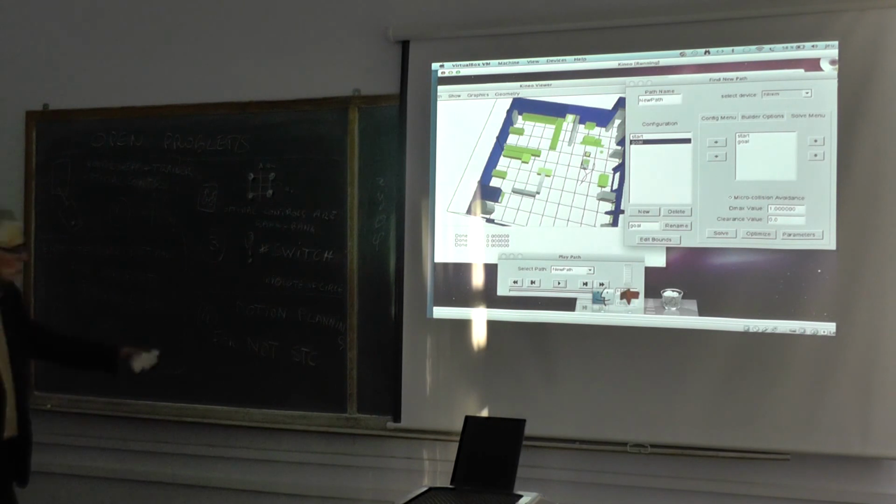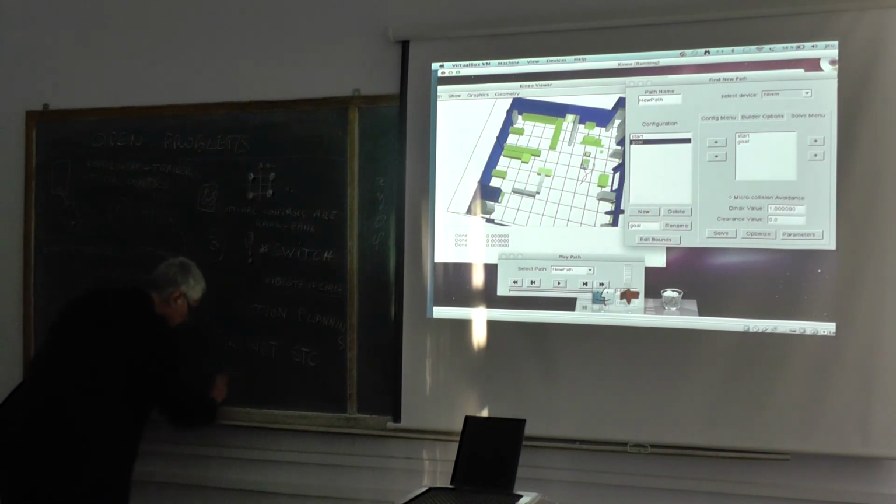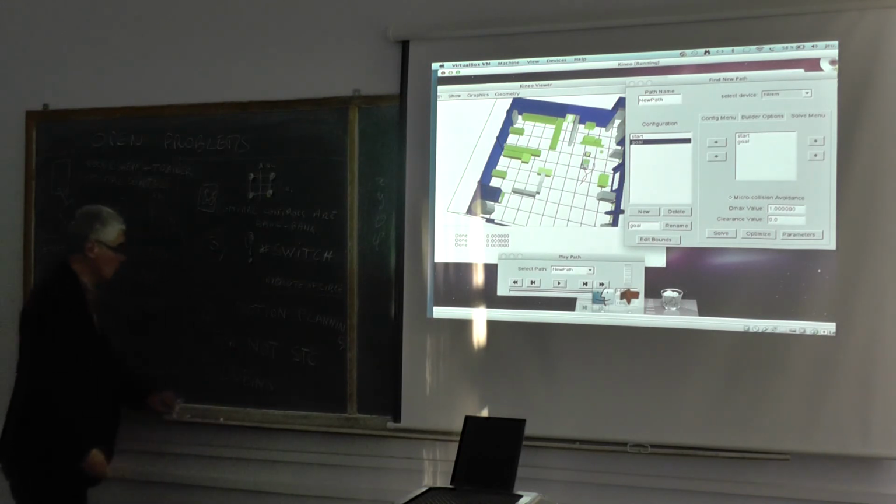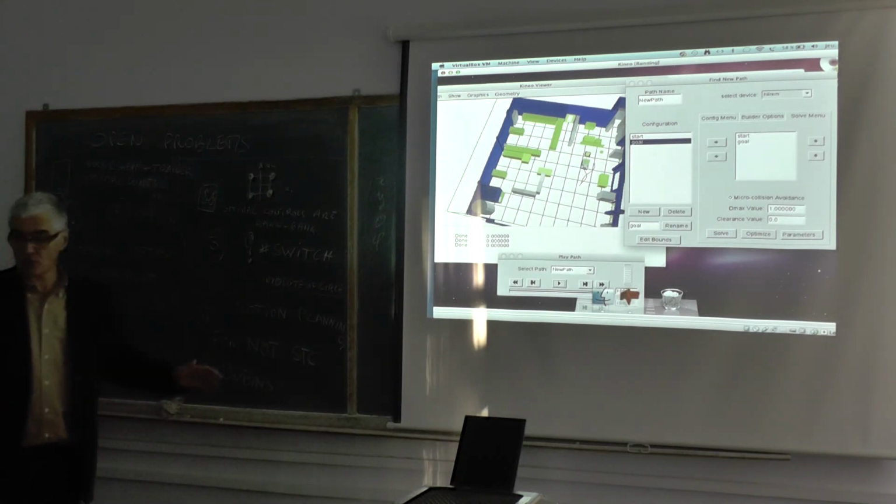That means motion planning, if you want, for Dubins. Then we don't know, there is no decision procedure.